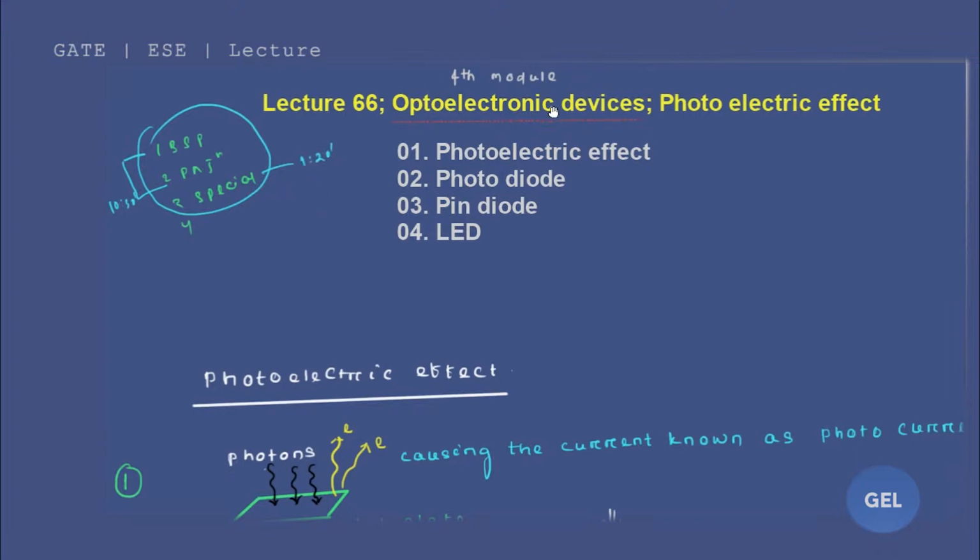Within this time we are going to cover the photoelectric effect chapter, photodiode chapter, PIN diode chapter, and LED chapter. Within 2 hours or 2 hours 15 minutes we will finish these four chapters, and I'll finish all the subjects within less than 24 hours. Now let's quickly start the fourth module, optoelectronic devices.